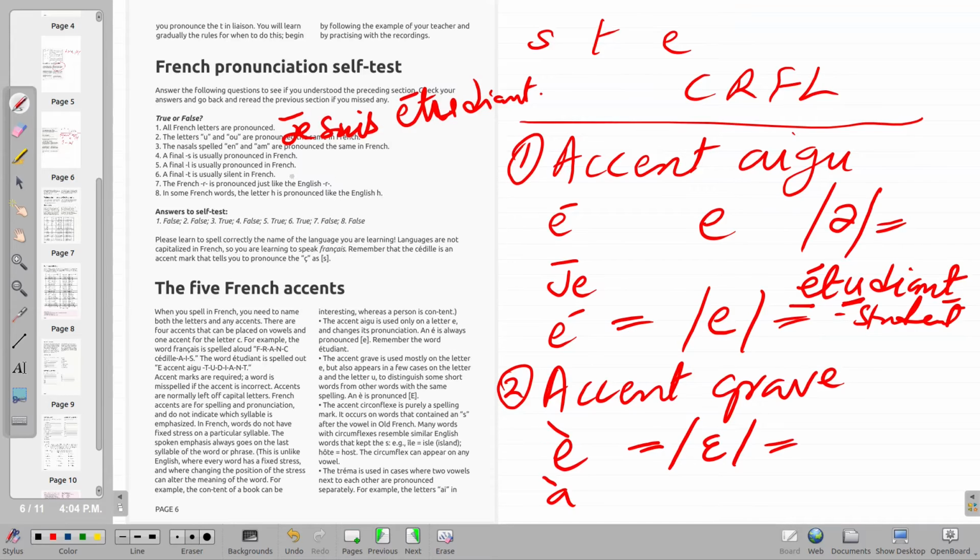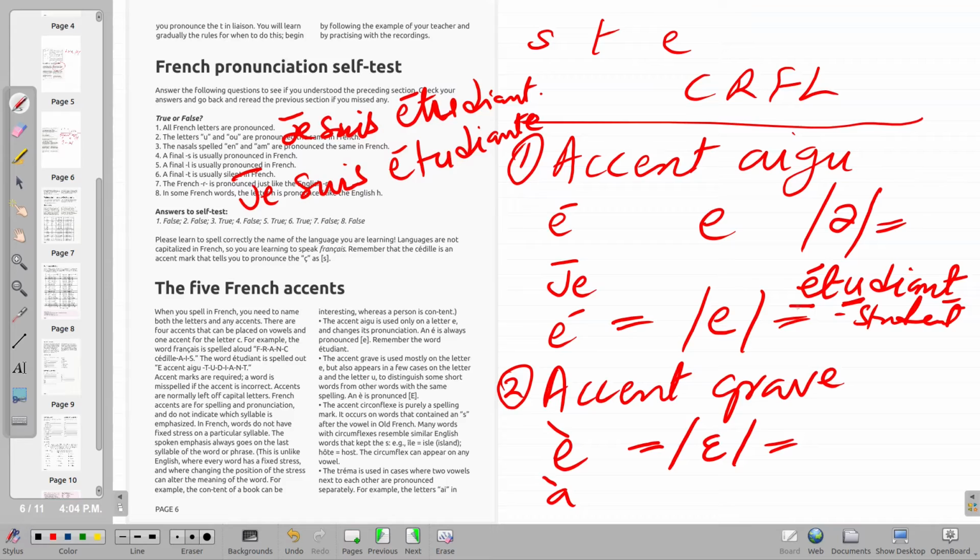But if I have a female student, that student will say je suis étudiante. So add an extra E, which now allows you to pronounce the last T. So je suis étudiante. Je suis étudiant. I am a student.